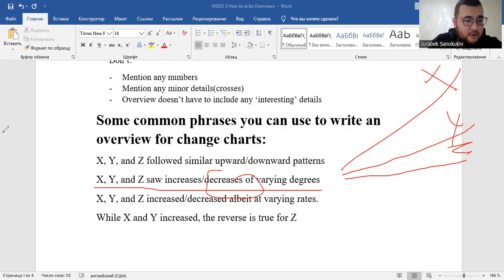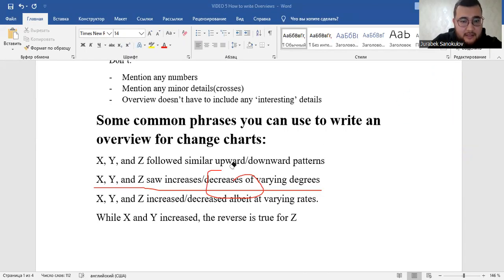So now, let's analyze the third sentence structure. So we can say, X, Y, and Z increased or decreased, albeit at varying rates. So basically, this is another form of this sentence. But it uses verbs and the word albeit.